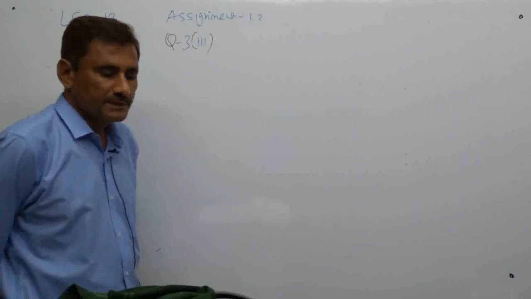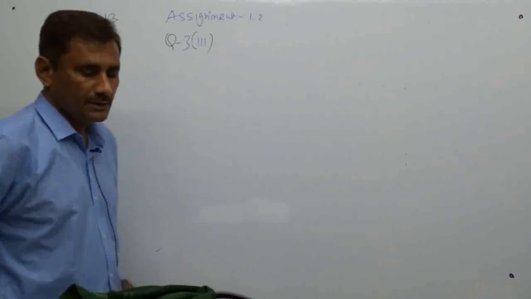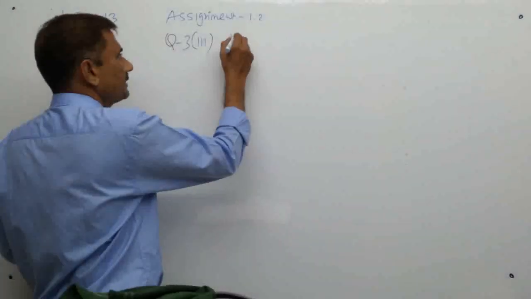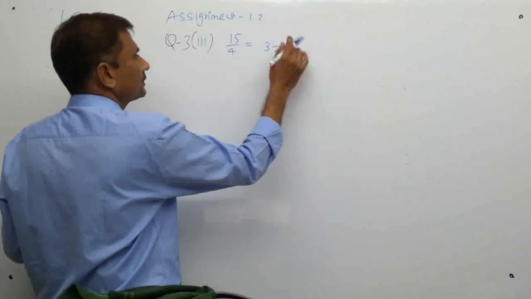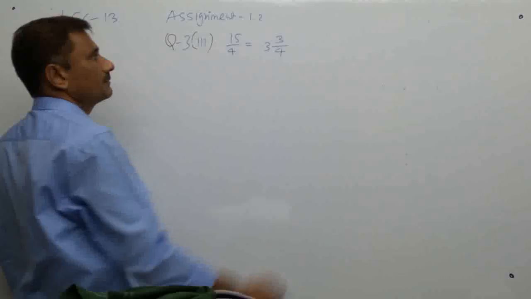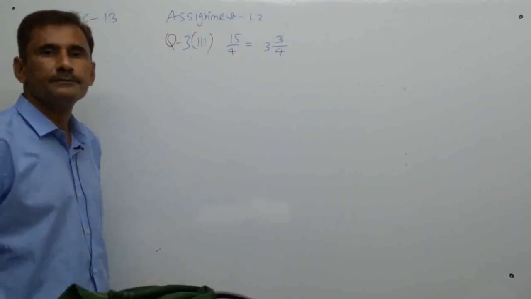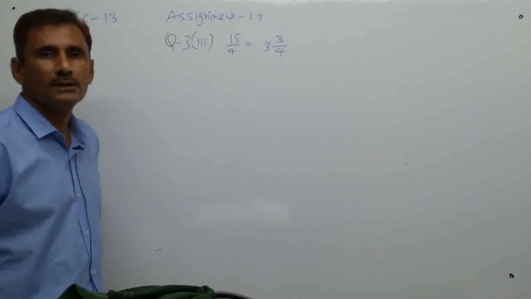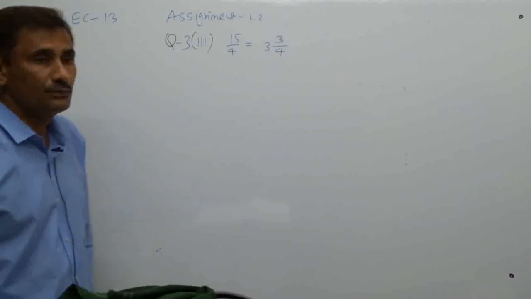You represent 13 by 3, minus 7 by 5. Now it is 15 by 4. So first of all, 4 times 3 is 12, plus 3, 15 by 4.